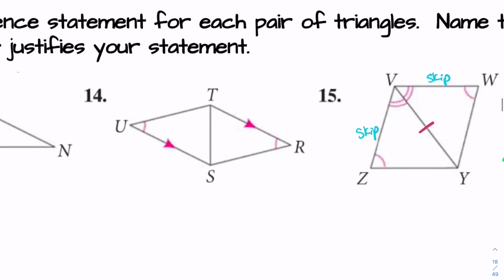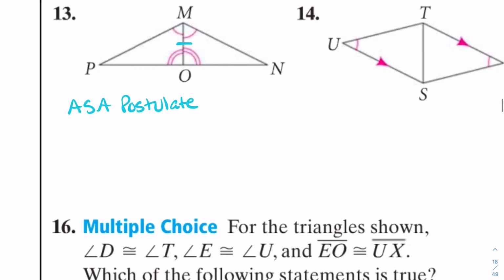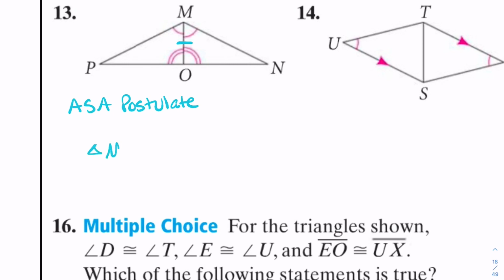So this is by the angle side angle postulate. And it is triangle MOP is congruent to triangle MON. So I did MOP, I went 1, 2, 0. Then I have to go 1, 2, 0 in the other direction.